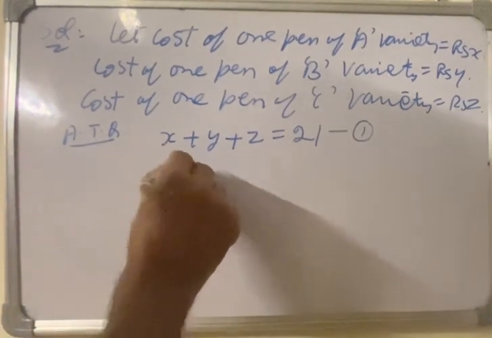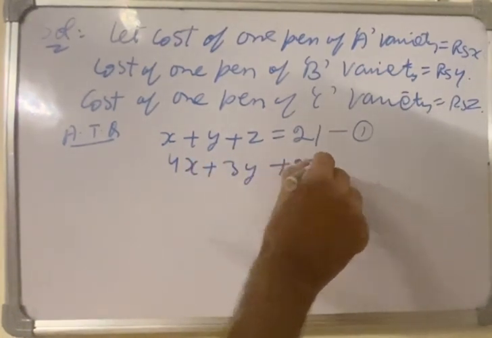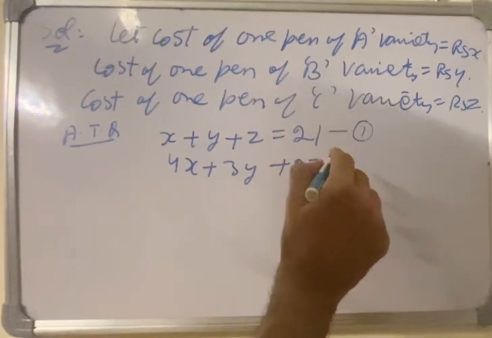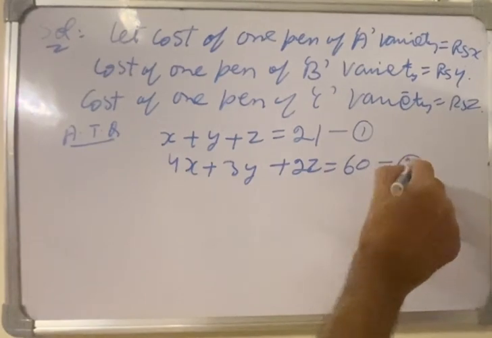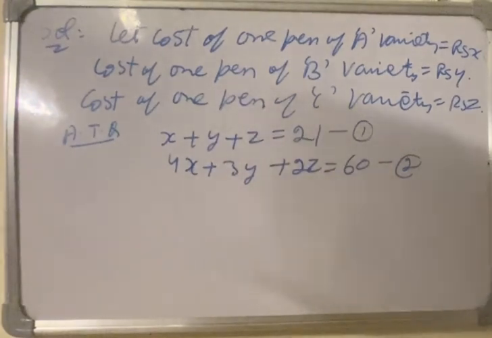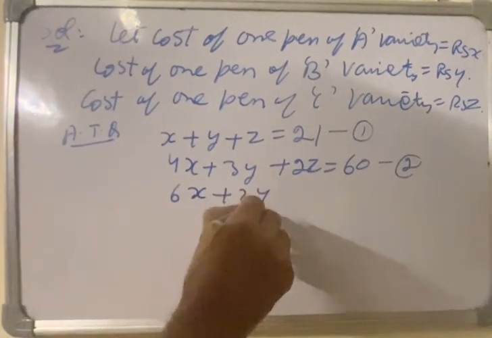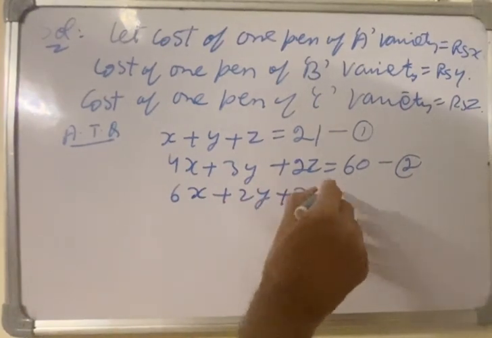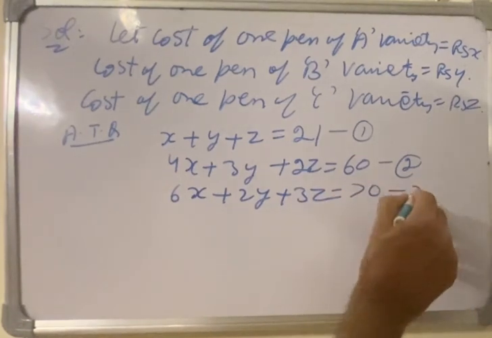Therefore, 4x plus 3y plus 2z is equal to 60. This is number 2. And Shikha purchased 6 pens of A variety, 2 pens of B variety, and 3 pens of C variety. Therefore, 6x plus 2y plus 3z is equal to 70. This is number 3.